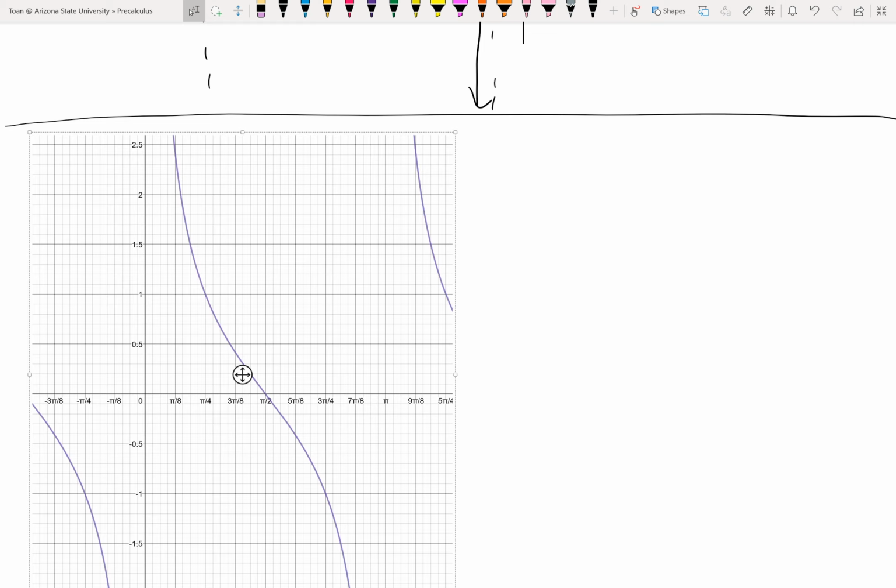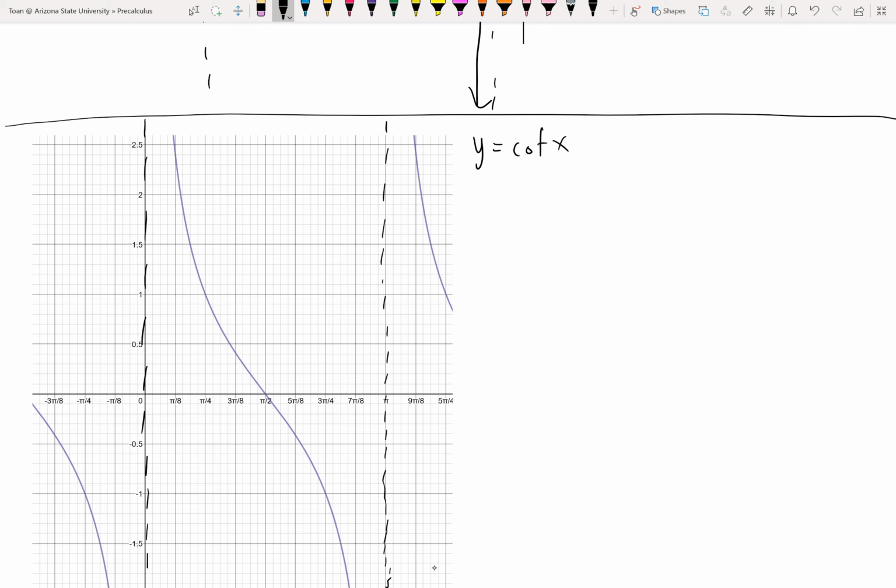And there are some things that are the same and some things that are not. We can see that it does have vertical asymptotes, but in this case the vertical asymptotes are at 0 and pi, because cotangent is cosine over sine, so it has vertical asymptotes whenever sine is 0. And we saw that sine does start at 0 and go through pi.